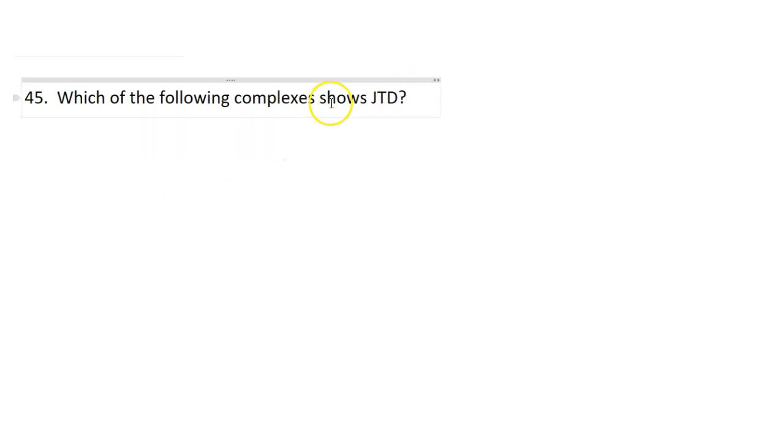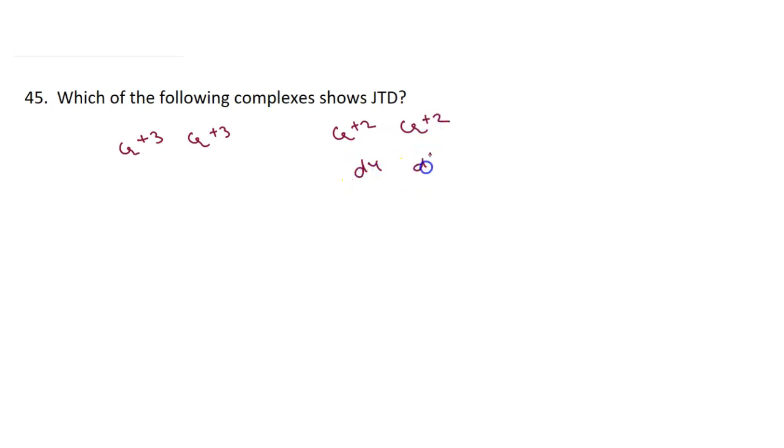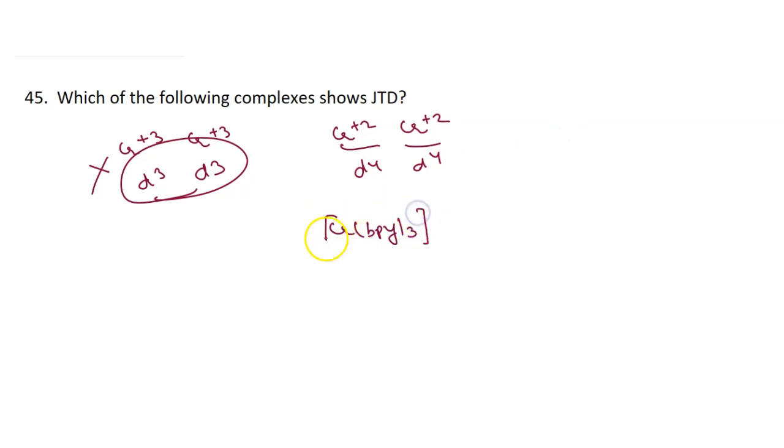Which of the following complexes show JTD, Jahn-Teller distortion? Chromium complexes were given. Two complexes were chromium 3+ and two were chromium 2+. So we know d4, d4, d3, d3, so the d3 ones will not show Jahn-Teller distortion. Out of the two d4 complexes, the ligands attached were bipyridine and ammonia.